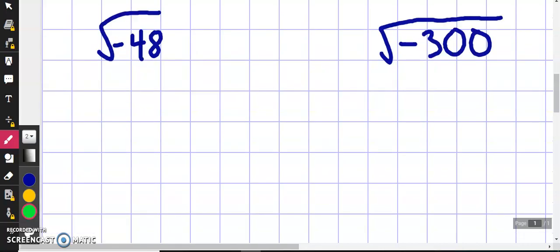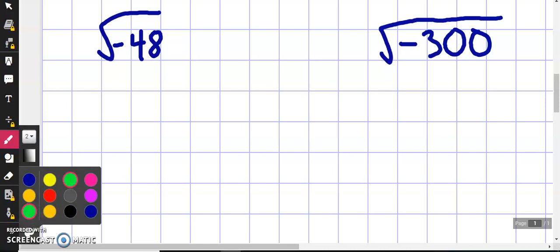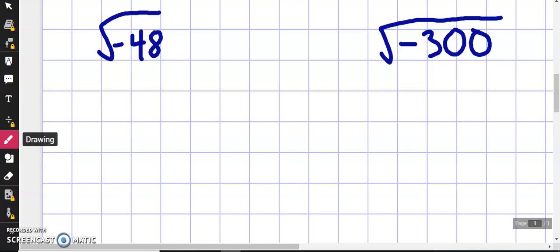If I run into a number like negative 48 that does not have a whole number square root, then I can still simplify it. I just need to think of numbers that multiply to make 48 that do have square roots, and that will tell me how to reduce this. We always start by changing that negative into an imaginary positive. Then we look at numbers that multiply to make whatever is under the square root.